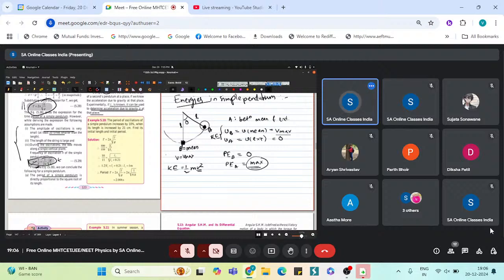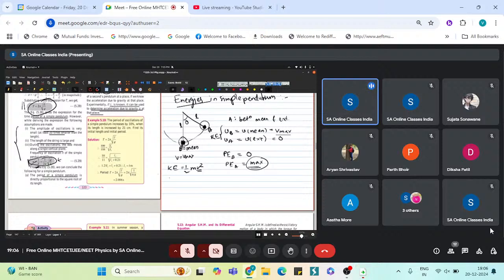A neat trick for that is to assume that at the mean position, the total energy, whatever energy we have not calculated, is always going to be equal to the kinetic energy of that particle, because all the energy at the mean position comes from kinetic energy.